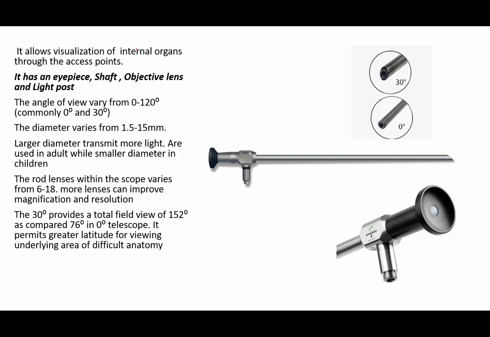It has an eyepiece, okay? The eyepiece is at the tip of the telescope or laparoscope. It has a shaft. Sorry, this is the eyepiece, the shaft, and the objective lens. Then it has a light post where the light source is connected.